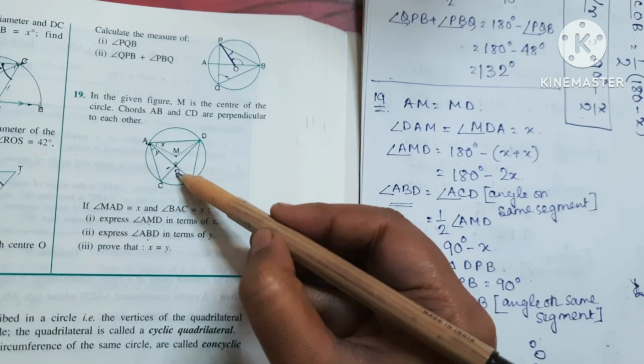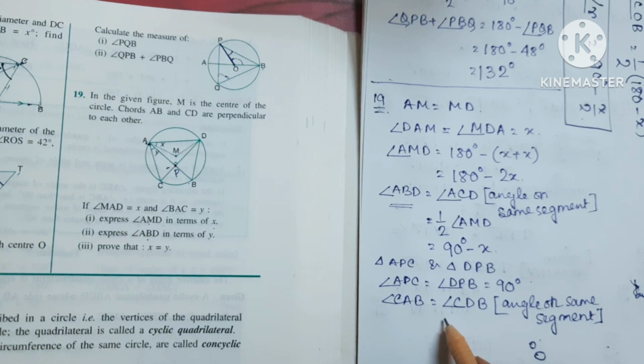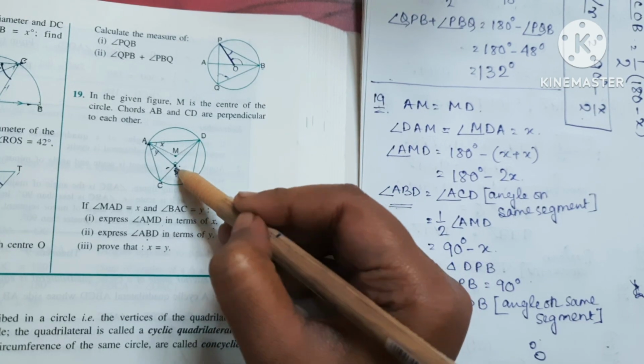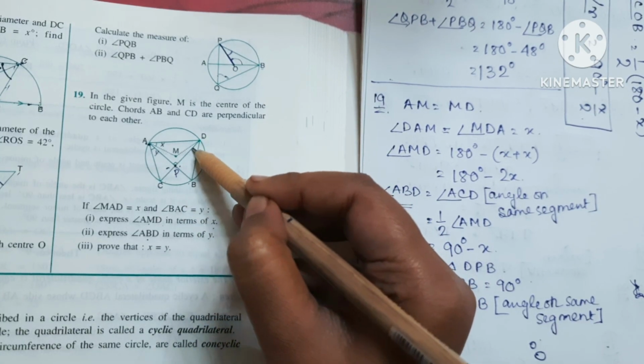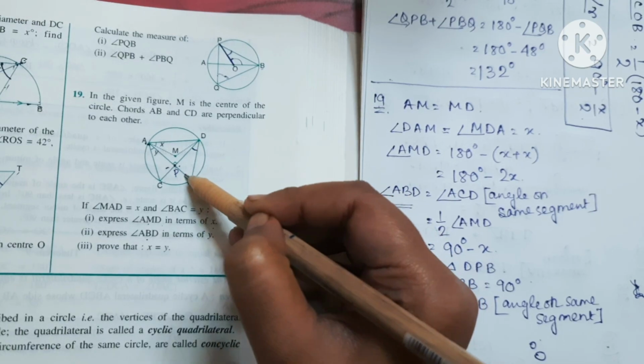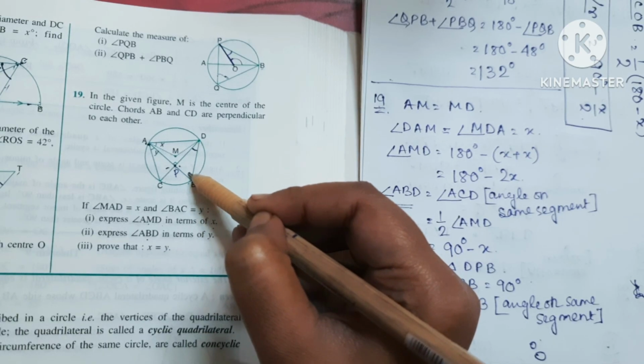That means this PDB is also y. So CDB or PDB is equal to y. Okay. Now see, in case of this small triangle PDB, this one is y, and this one is 90 degree. So this one will be 90 minus y, obviously.